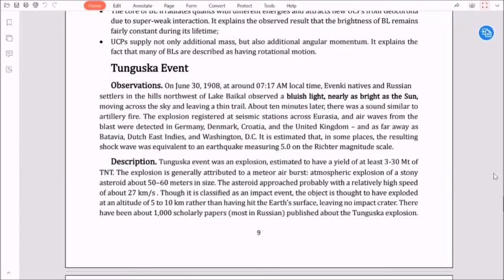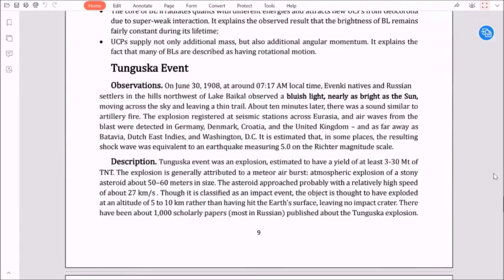The asteroid approached probably with a relatively high speed of about 27 kilometers per second. Though it is classified as an impact event, the object is thought to have exploded at an altitude of 5 to 10 kilometers rather than having hit the Earth's surface, leaving no impact crater.